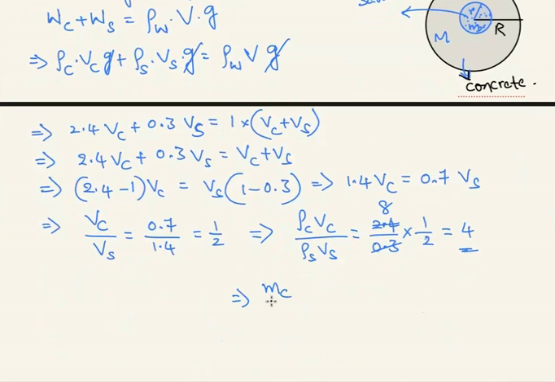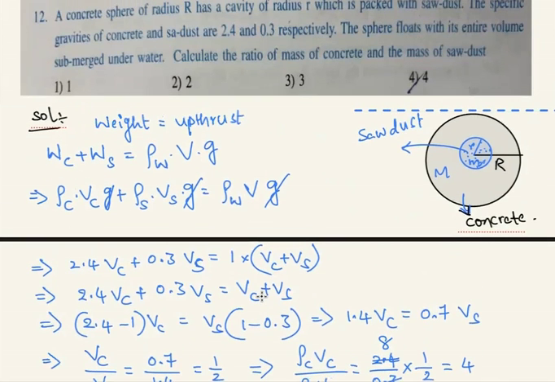Mass of concrete by mass of sawdust, I have taken it as capital M by small m, is equal to 4. That's it. So what is the option here? Option is 4. Getting my point?